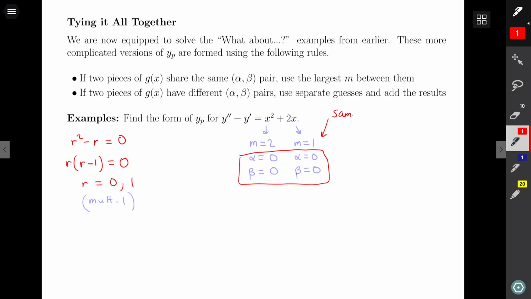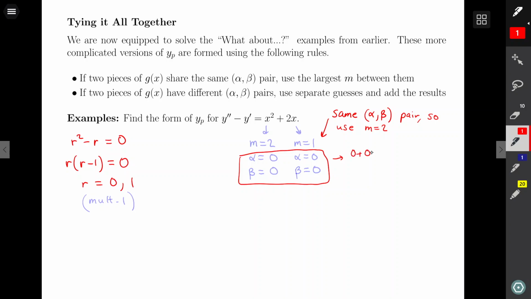So those have the same alpha beta pair. So we're going to use m equals 2, which is the larger of the two of them, and merge those together.